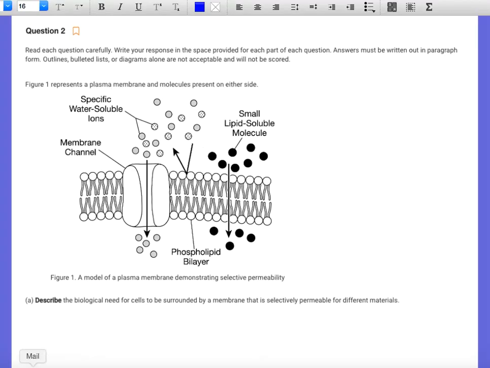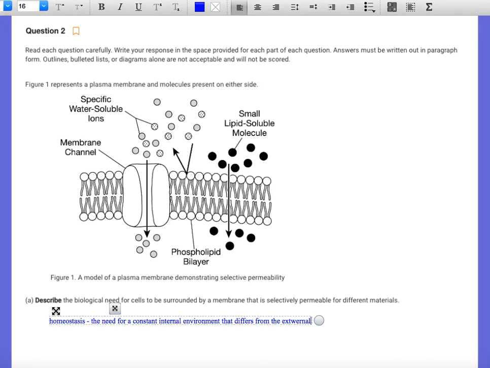The first part of the question wants you to describe the biological need for cells to be surrounded by a membrane that is selectively permeable for different materials. Basically, you need that to be alive. It's the idea of homeostasis, the need for a constant internal environment that differs from the external environment.